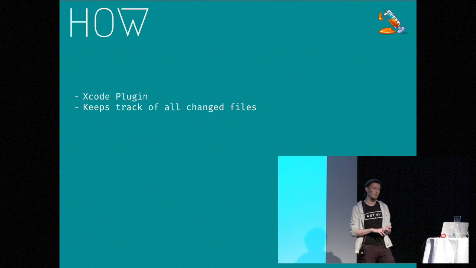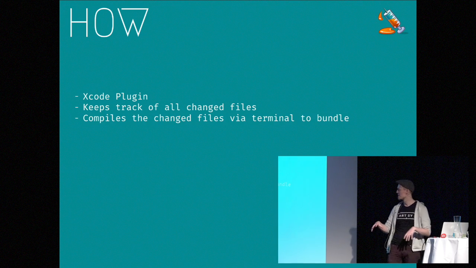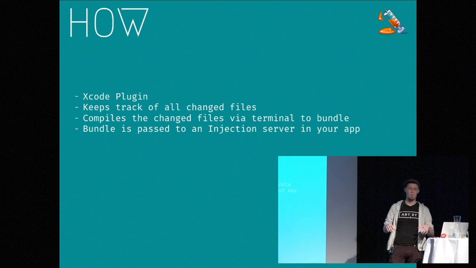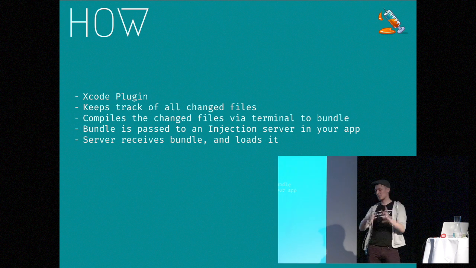It tries to know all the files that are there, so the next time you press the injection button, it knows what needs to be injected. It then uses a terminal command to throw in a small Xcode project that only compiles the single file you've said needs changing. They get compiled into an NS bundle, and those NS bundles are then passed into your app.